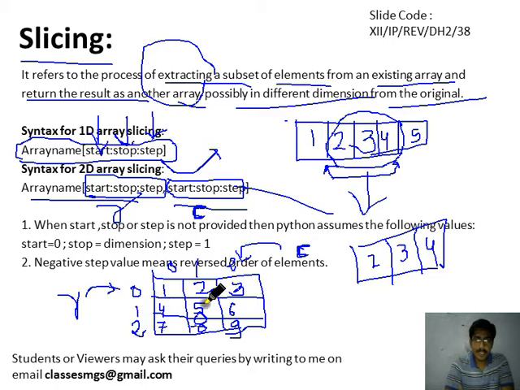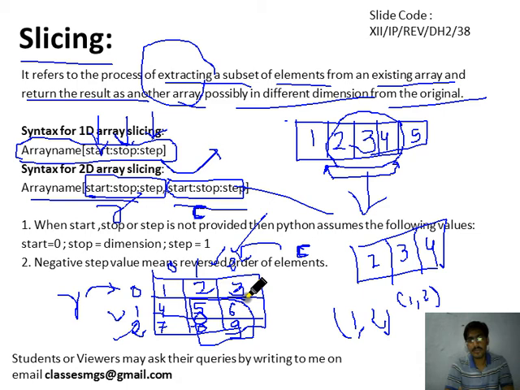If you want to access the values 5, 6, then 8, 9, how will you extract them? You extract the first and second row, and in the columns, the first and second column. Then we will use two-dimensional NumPy array slicing. We will see more examples in the subsequent slides. I have just covered the concept here.